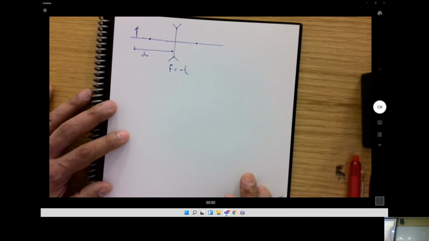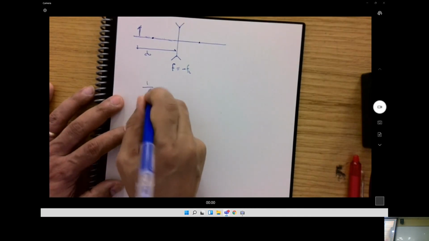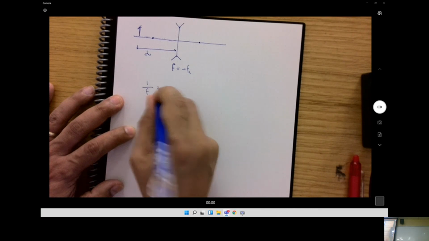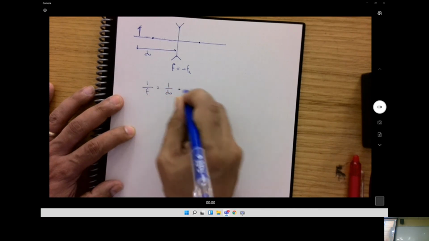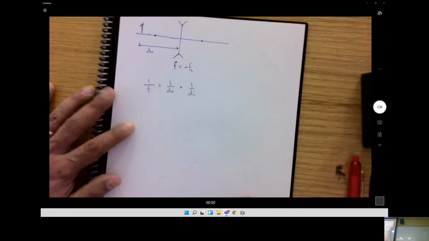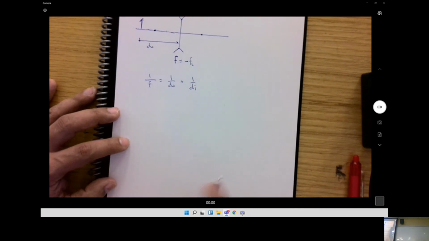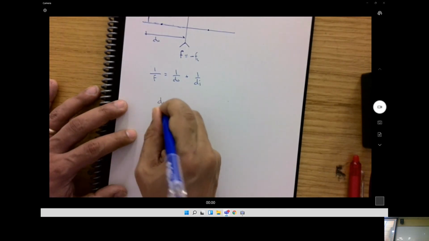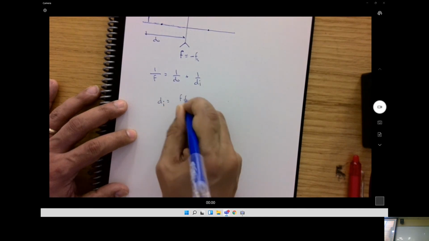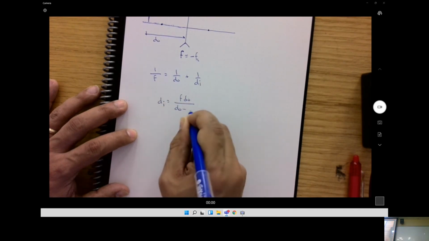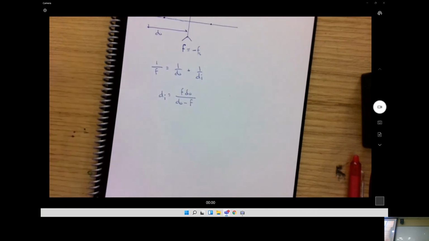So I'm going to do the thin lens equation. So I'm going to have that 1 over the focal length is going to be 1 over DO plus 1 over DI. So exactly same equation. Solving for the distance to the image, minus F. Okay, and now I'm gonna try to find out what is that image, just in terms of this value.